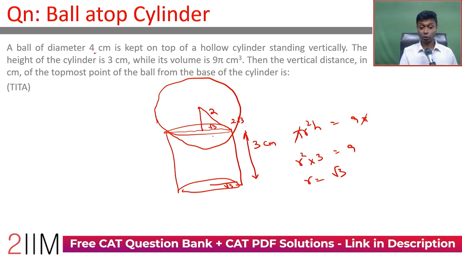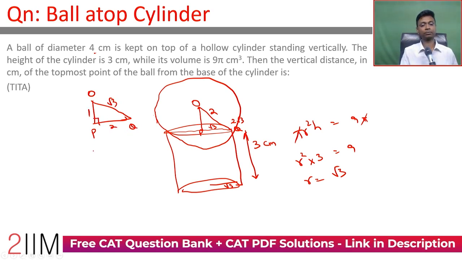And so if you imagine this shape, then this point, the center of the spherical ball that is sitting on top of the cylinder, to the center of the circle, that is the topmost layer of the cylinder, let's say that is P, and the end point of that diameter, let's say Q, and this shape OPQ is a right angle triangle. This is root 3, this is 2, this is a 1, root 3, 2 right angle triangle.